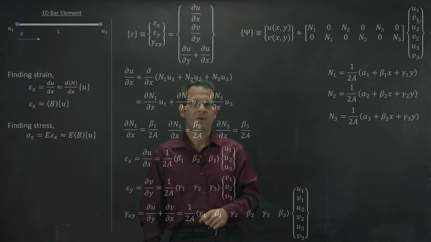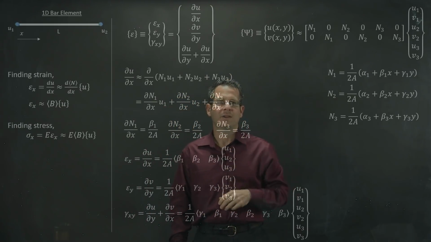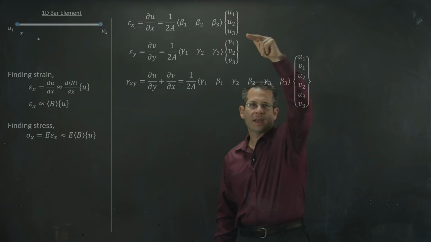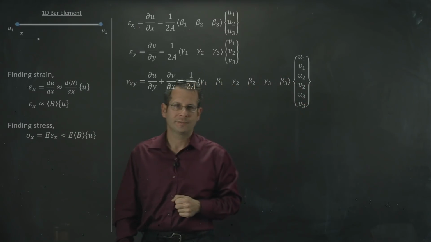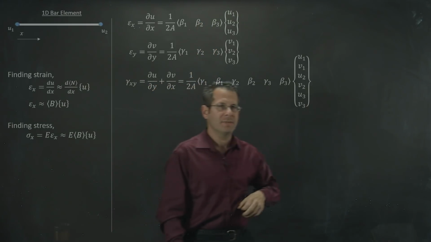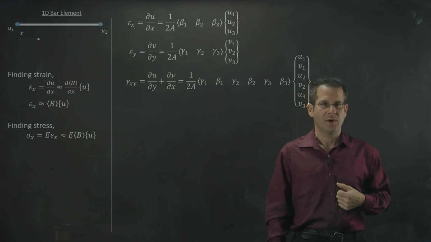Giving myself some more room, I'll move these to the top and clear the board. So these now are my three components of strain. I can take these three equations and write them as a single vector matrix equation.